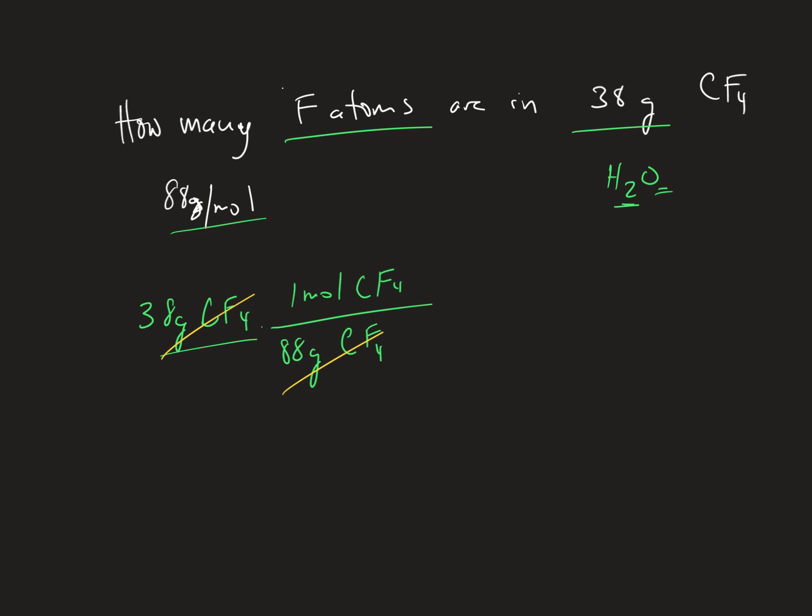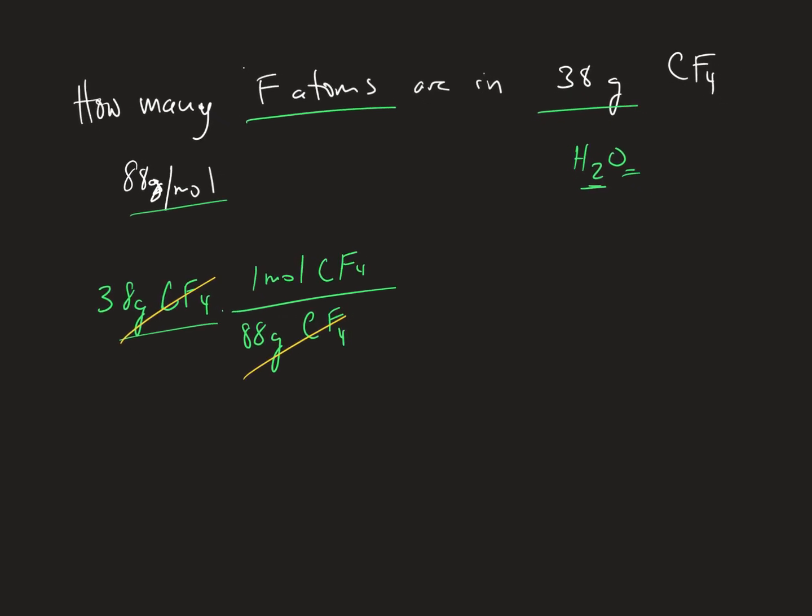I'll show you the easy way, and if you want me to go through the in-depth, then I can. Okay. By the way, if you make that calculation, it's 0.431.